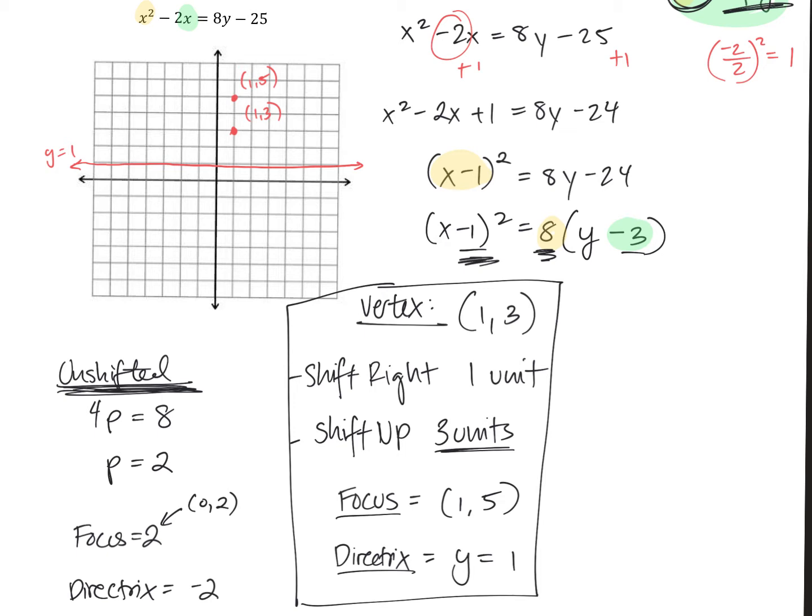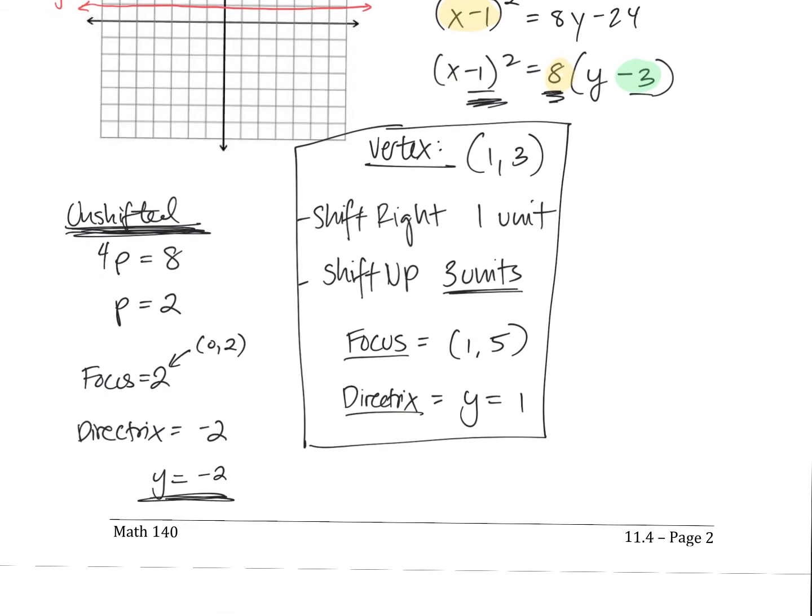Ooh, but we're missing something. We need to figure out the other 2 points for our graph. And how do we find that? We need the focal diameter. I forgot to find that. So the focal diameter is going to be 8. And how did we find that? If you recall, it is the absolute value of 4p, which is going to equal 8.